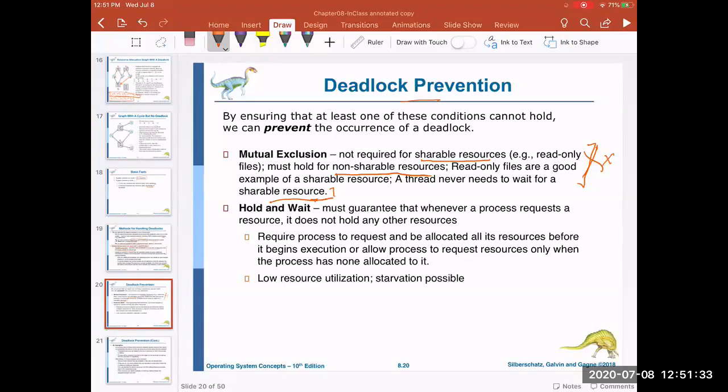Hold and wait must guarantee that whenever a process requests a resource, it does not hold any other resource. What can be done? There are remedies for it. If a process does not get its resource, it will release the existing resources which it is holding. We discussed in try lock that if the second mutex cannot be obtained, it will release the first one also.